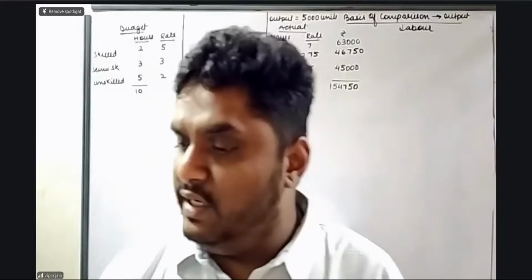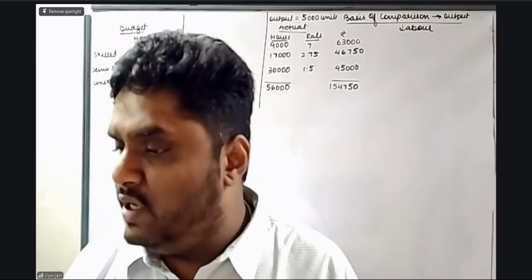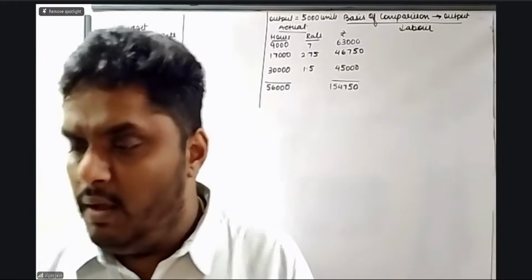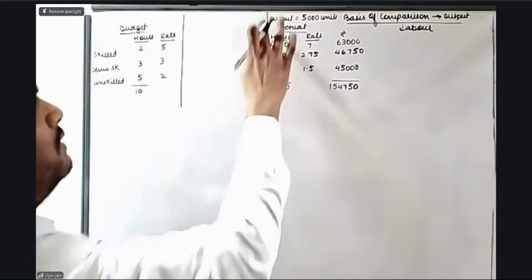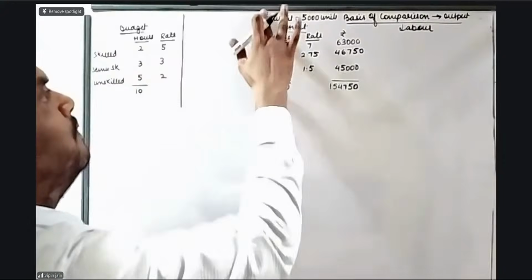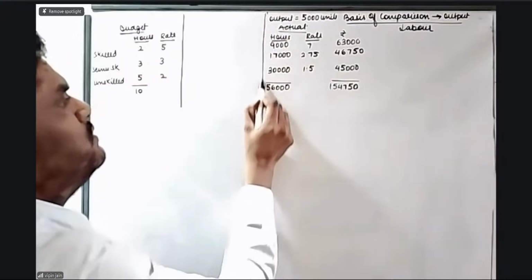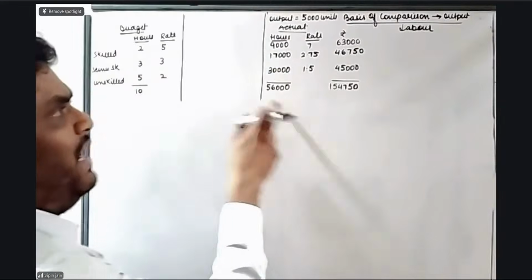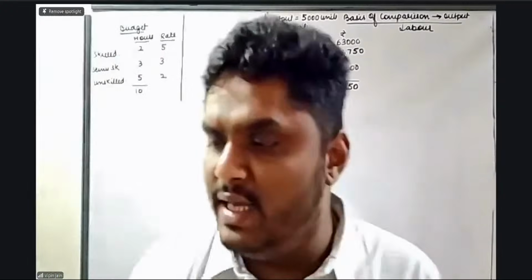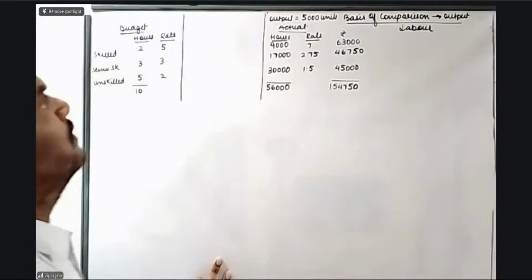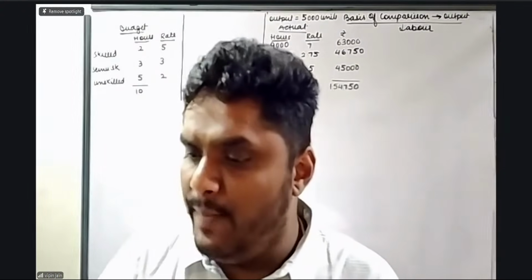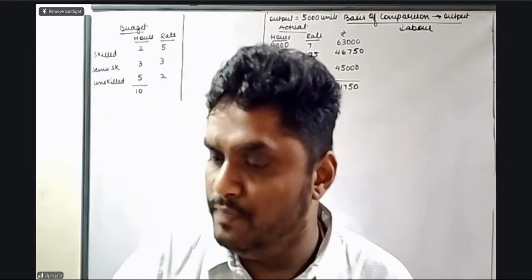So this is the budgeted data and actual data given in the question. Now see, my first question to all: as in labor, also the basis of comparison is output. Are these two figures comparable, yes or no?